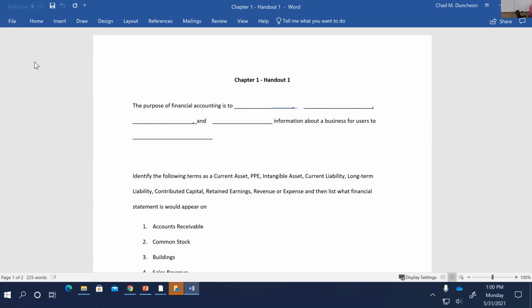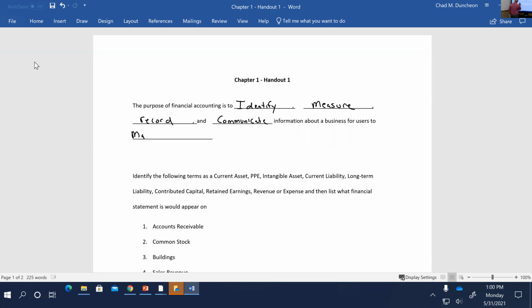All right, so first here, the purpose of financial accounting, or the purpose of accounting in general. You remember, it is to identify, measure, record, and communicate information about a business for users to make decisions.